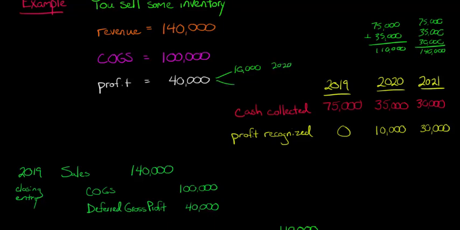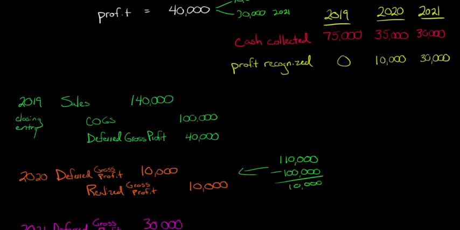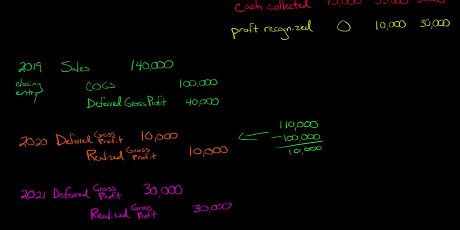In 2021 we're going to recognize the remainder, $30,000. So we make a similar entry to last year. We debit our deferred gross profit for $30,000, and now we've zeroed this out. We started with a balance of $40,000, decreased it by 10 last year, and we're decreasing it by 30 right now. So we debit deferred gross profit for $30,000, and then credit realized gross profit for $30,000.